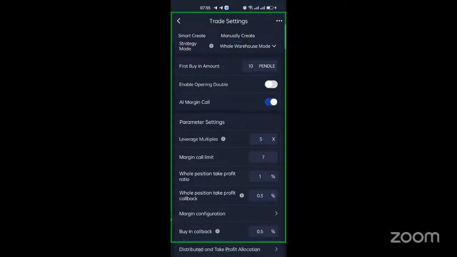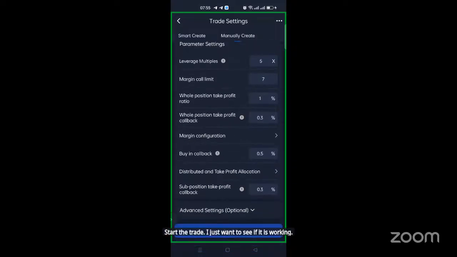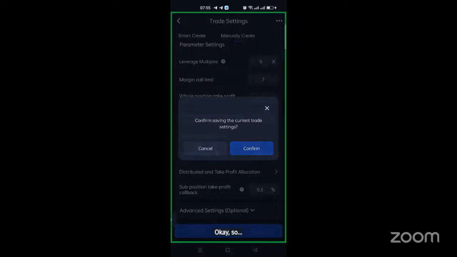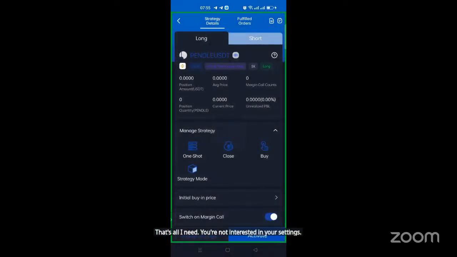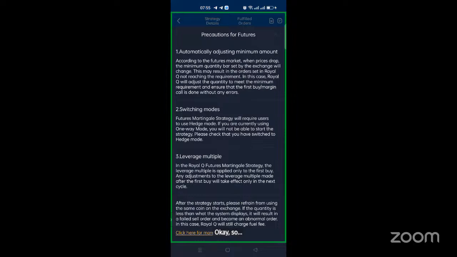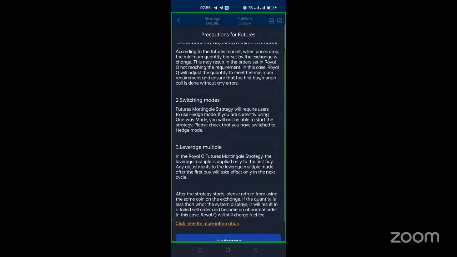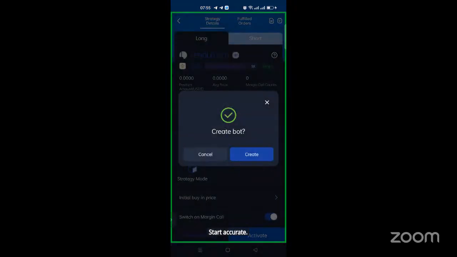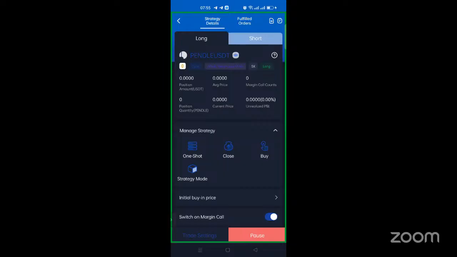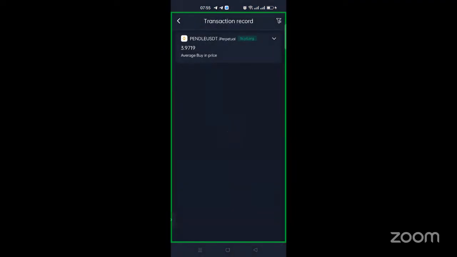Start the trade. I just want to see if it is working. That's all I need. I'm not interested in your settings. Start, activate. Tap on the messages on your top right corner. It has board. So now it works. Is it clear?